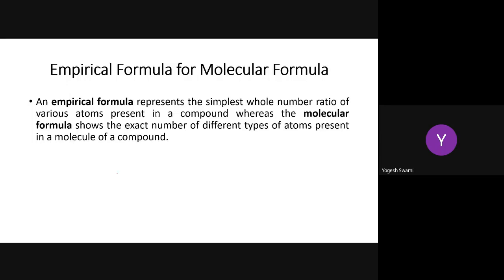An empirical formula represents the simplest whole number ratio of various atoms present in a compound, whereas the molecular formula shows the exact number of the different types of atoms present in a molecule of a compound.